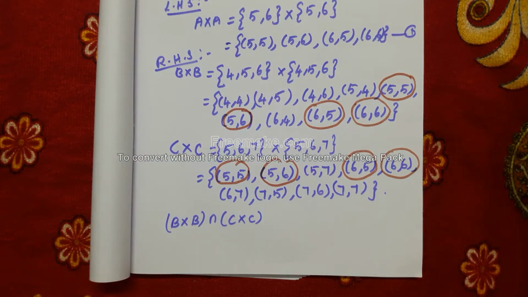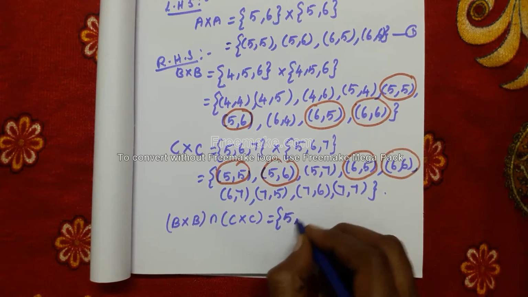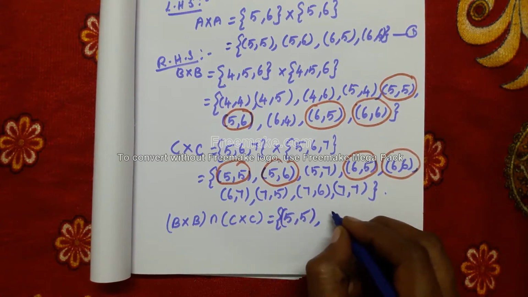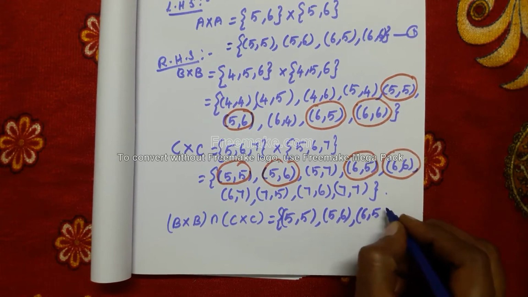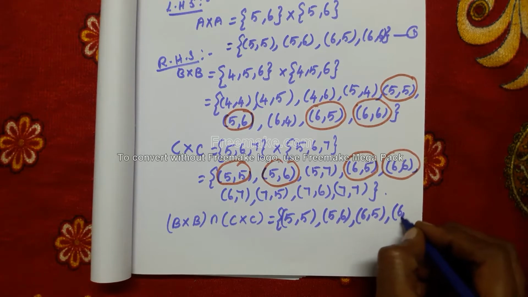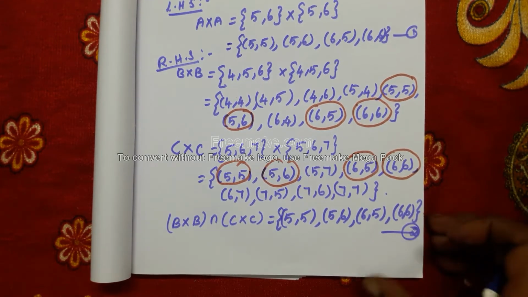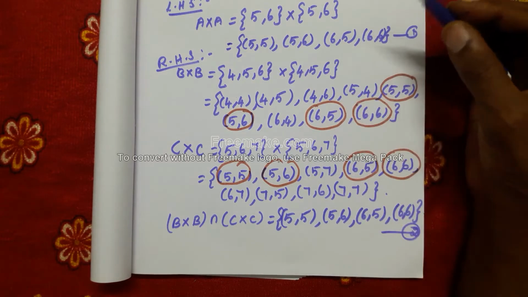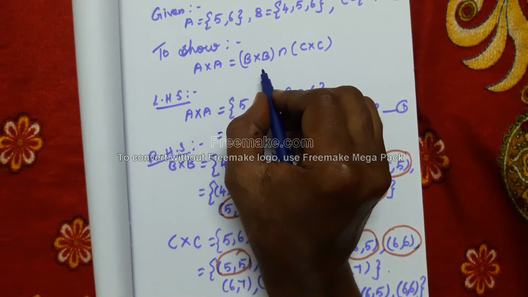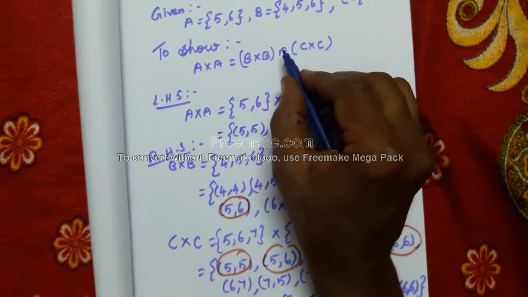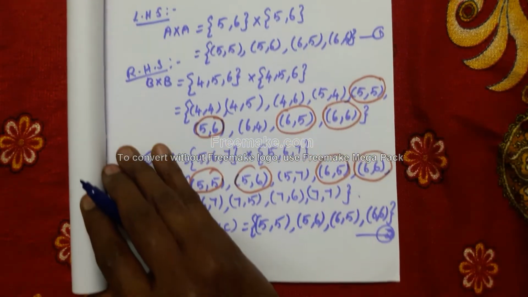These elements we have to write it here. What are they? 5 comma 5, 5 comma 6, 6 comma 5, 6 comma 6. This is equation 2. Okay. Now the question is show that A cross A is equal to B cross B intersection C cross C. Now you check that equation 1 and 2.